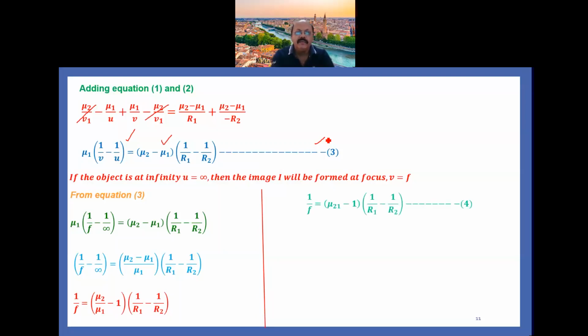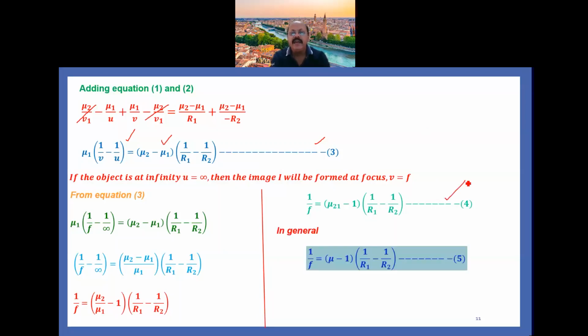Now we can write mu2 upon mu1 as mu21, that is refractive index of second medium with respect to first medium. So the equation becomes 1 upon f equal to mu21 minus 1 within bracket 1 upon r1 minus 1 upon r2. Mark this equation number 4.